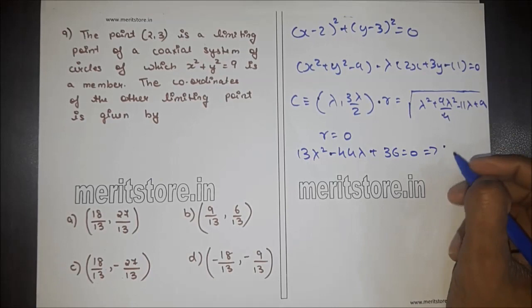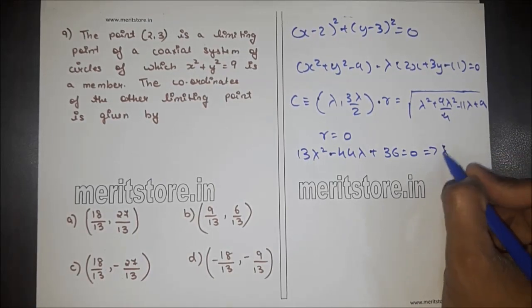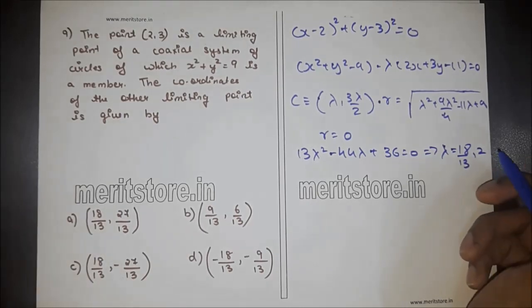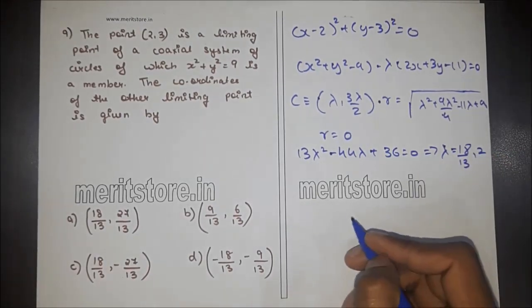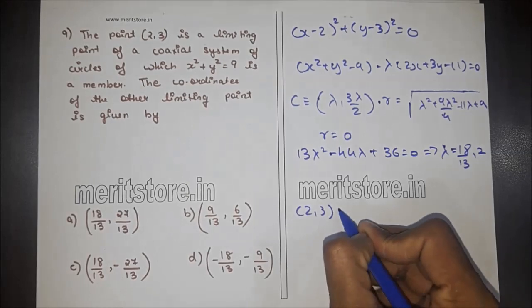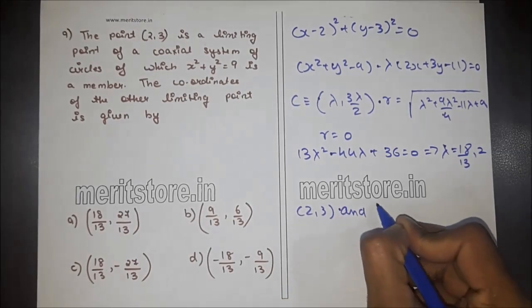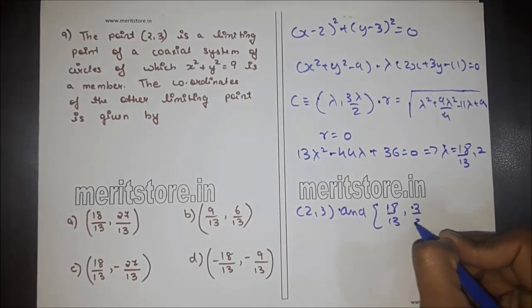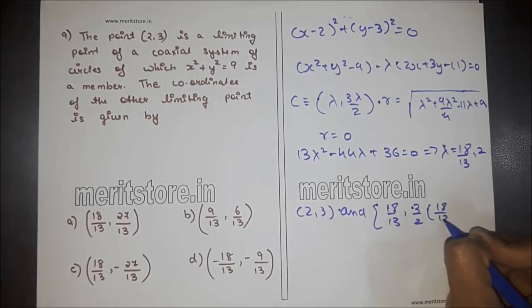Further solving this as a quadratic equation, we factorize it and get lambda equal to 18 by 13 comma 2. The limiting points are 2 comma 3 and 18 by 13 comma 3 by 2, 18 by 13.